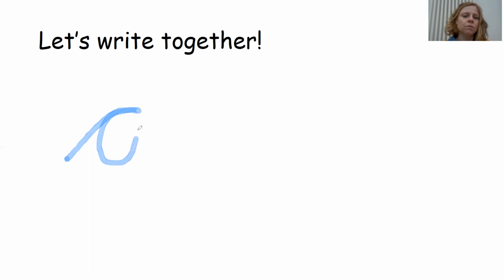And we've got to join all the way back up to the top, and then imagine your apple leaf is there, back down, and just a little hook to join onto our next letter. There we go. I think I've done quite a good job there. Hopefully yours looks something like that.